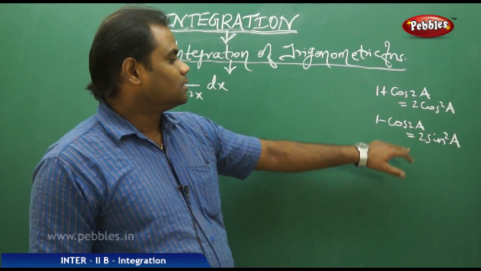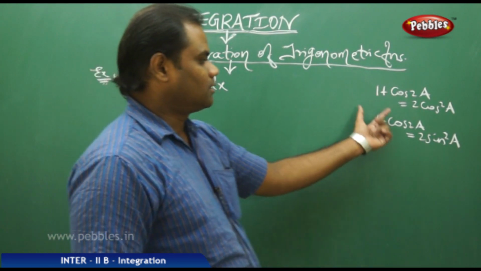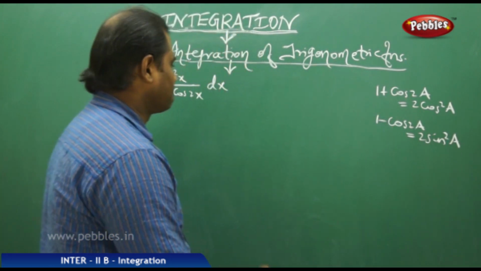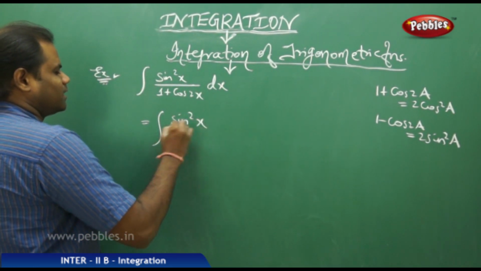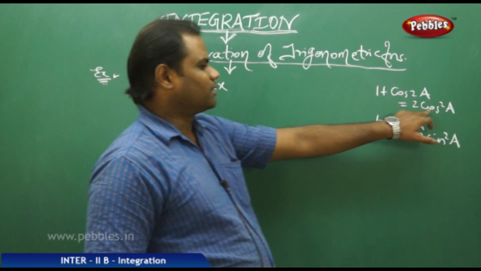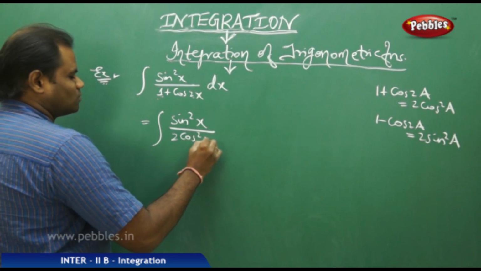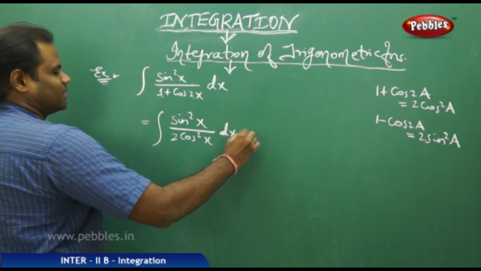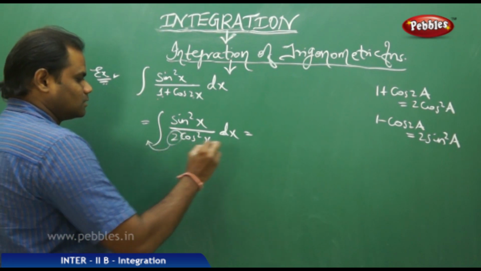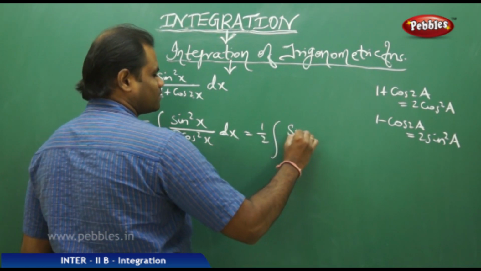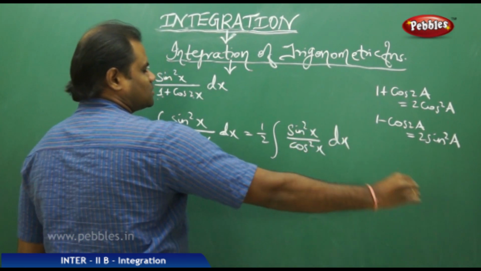And 1 minus cos 2a is 2 sine squared a, is how we understand the two concepts of 1 plus cos 2a and 1 minus cos 2a. Now, we have this as sine squared x by 1 plus cos 2x, which is 2 cos squared x, dx. Now, 2 is a constant. Therefore, I can bring it out, which comes as 1 by 2 of sine squared by cos squared.